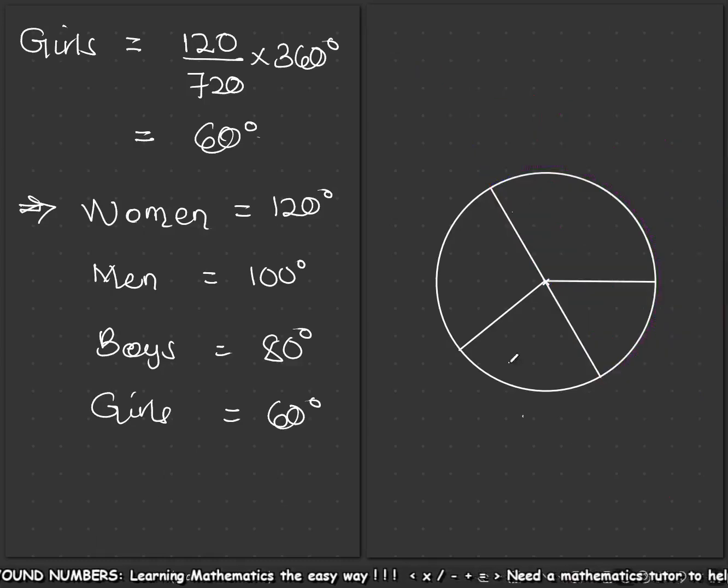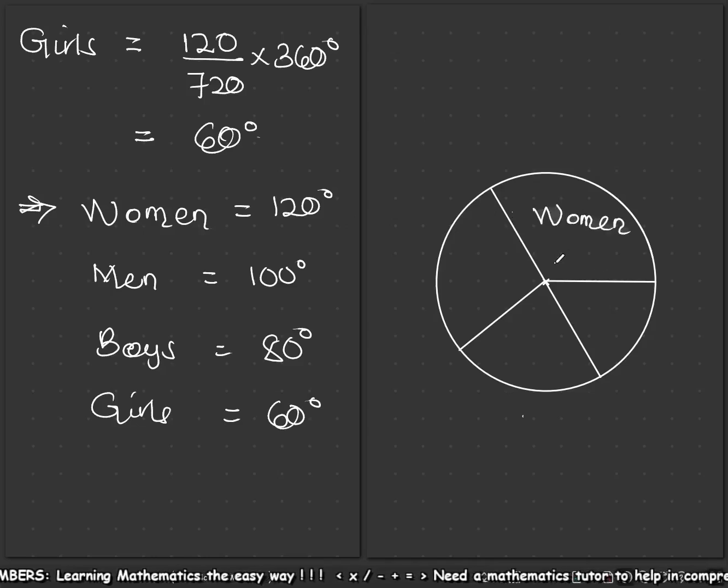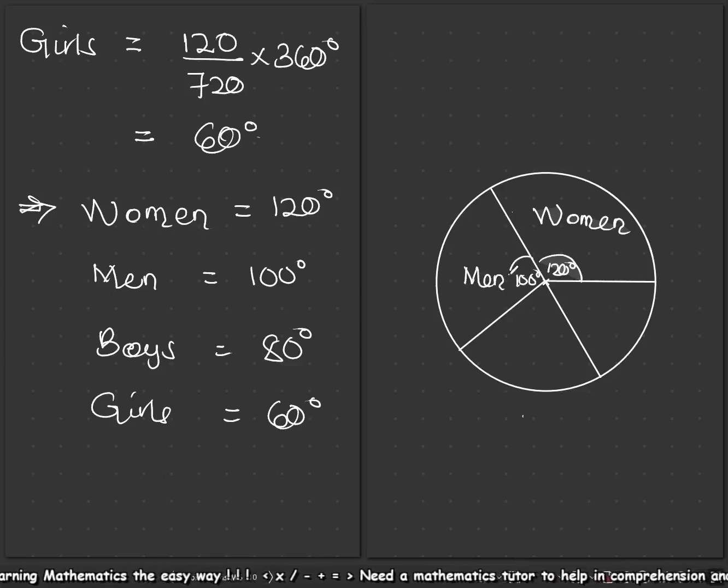So with our sectors drawn, we can now come and then write the appropriate labels. So this is for women, and that is 120 degrees. And we have the other one, which is men, that is 100 degrees.